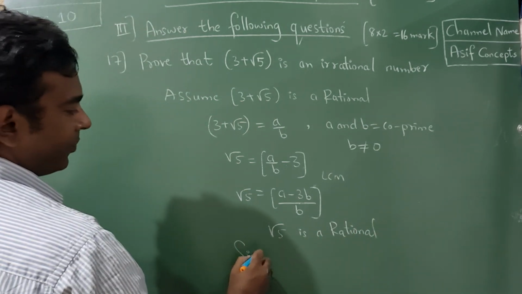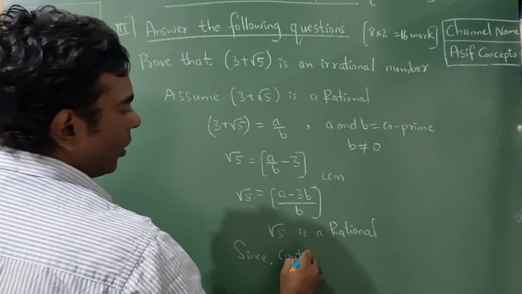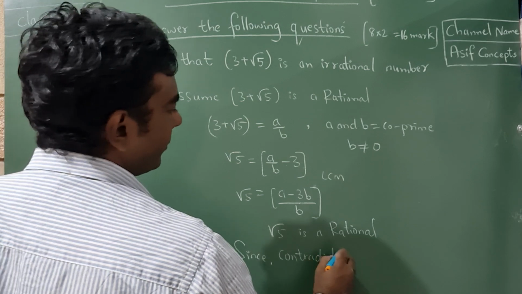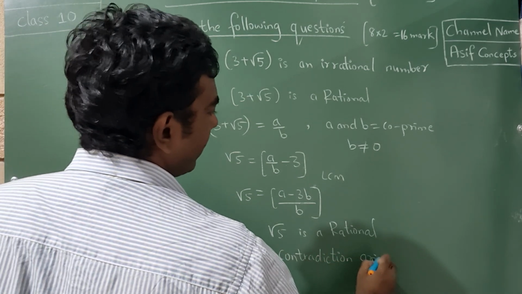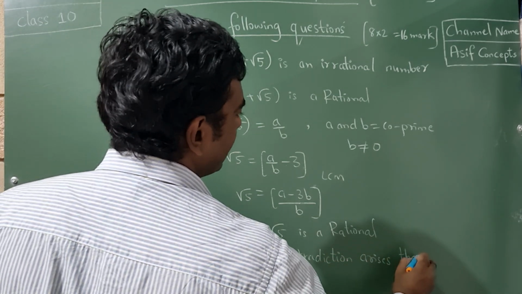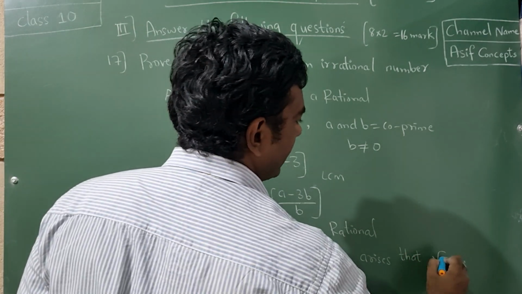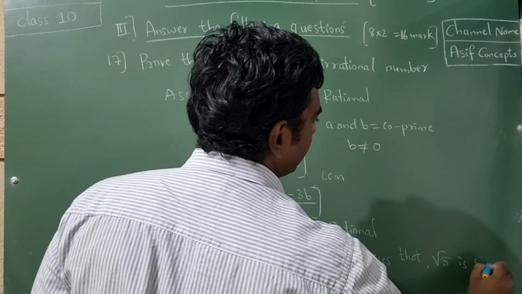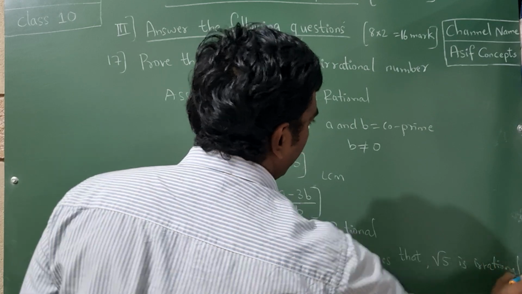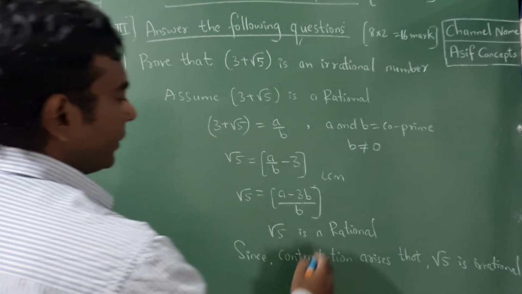Since contradiction arises that root 5 is irrational. Fine.